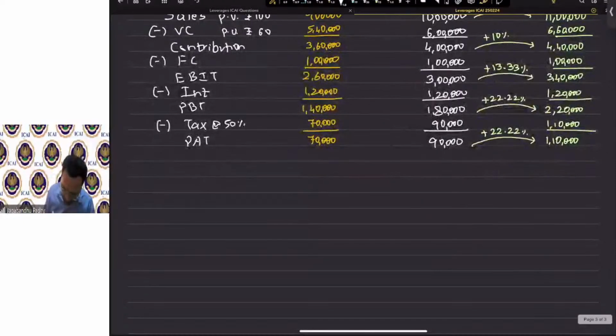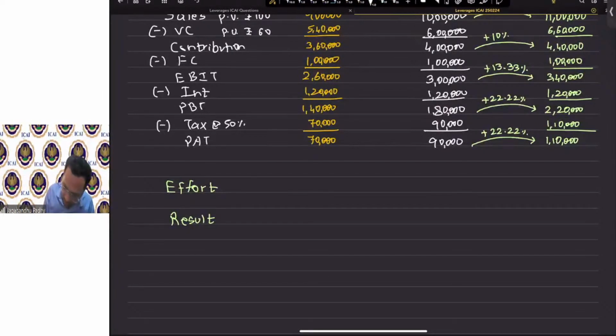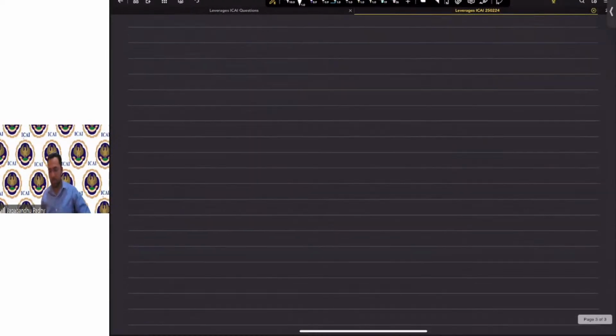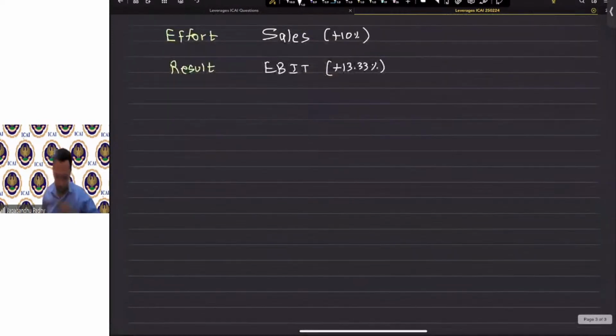So if we talk of effort and result, effort on one side is sales, and if I say the result is EBIT, what we observe is that a 10% effort leads to a 13.33% result in the form of increase in EBIT, right?